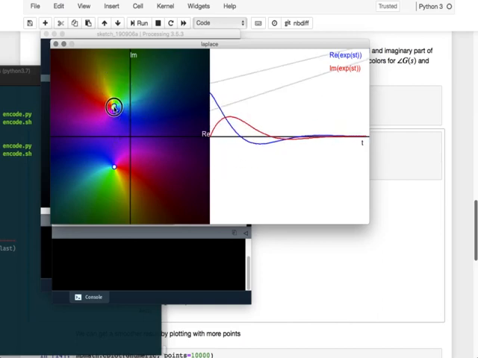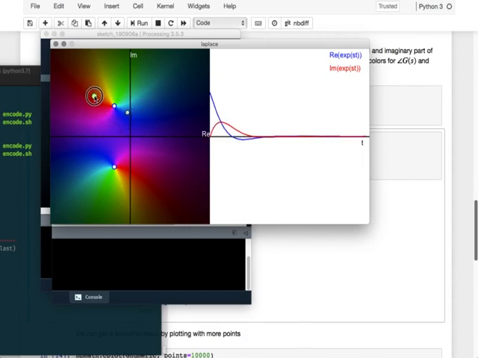I've plotted the poles, and you can see when I move onto the poles, the magnitude of g of s becomes very large or infinite. So those are the brightest points, and you can see that as I move along an area of similar color, so let's stay on this magenta line, the angle that g of s makes with that axis is always the same.